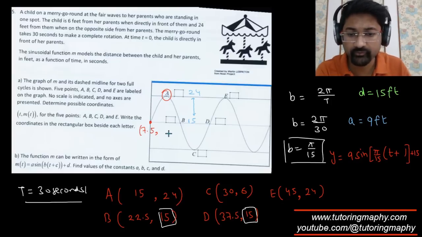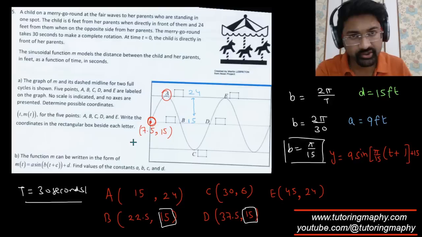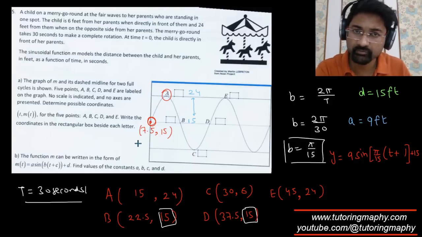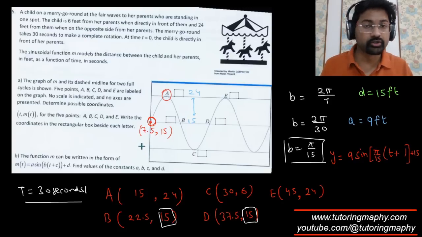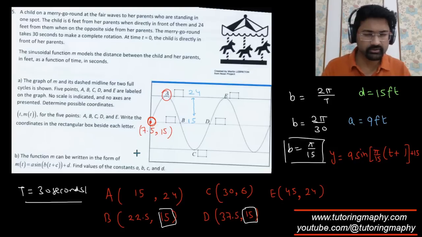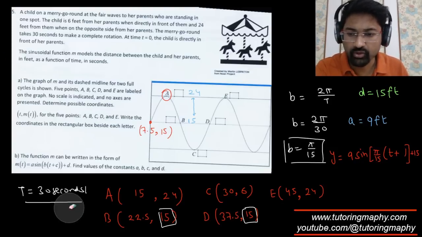So this is 7.5 comma 15. So it should have been 0, but it's now 7.5. So it's being shifted right by 7.5. So a horizontal shift to the right is indicated by t minus something. It kind of works in the opposite way. So it should be t minus 7.5. That's what should be the answer.